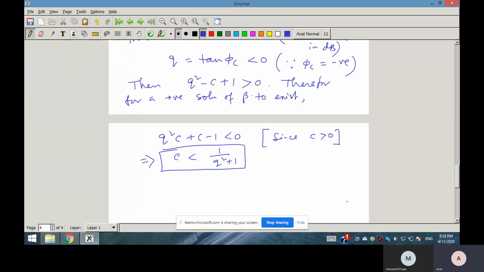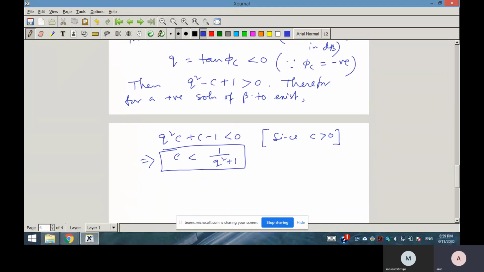Now we have to see whether this condition will also guarantee that beta is less than 1. As we have seen in the last class, at the time we obtained the condition that Q square was less than C minus 1, and that also guaranteed alpha greater than 1.